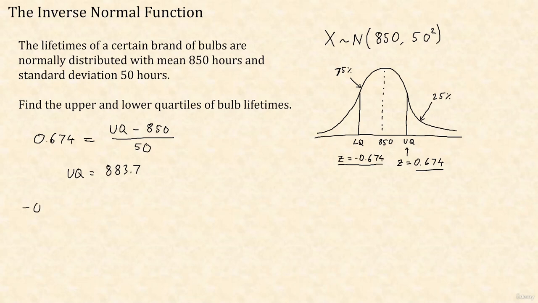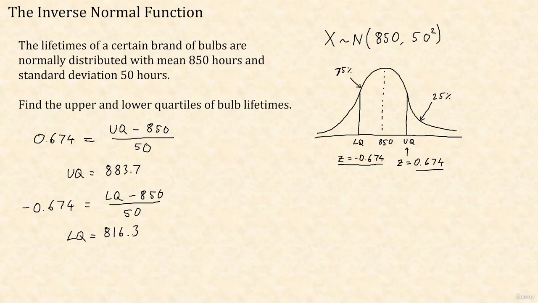So we can find the lower quartile by simply replacing the Z value with negative 0.674. And then we just need to solve this equation here, and we get a lower quartile of 816.3. So that's how we find quartiles.